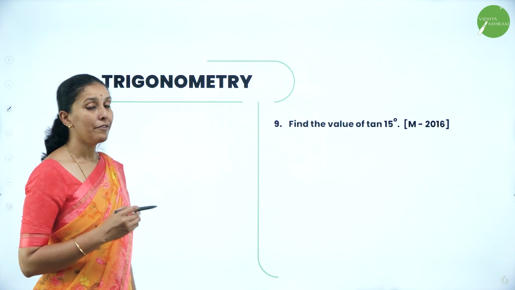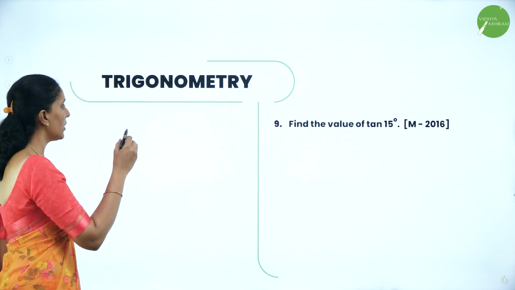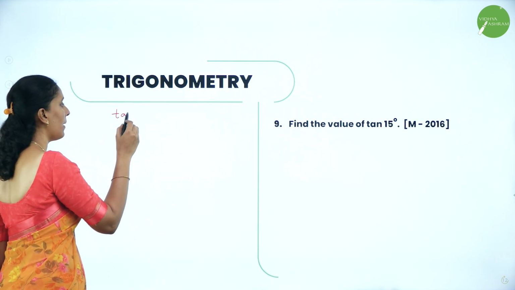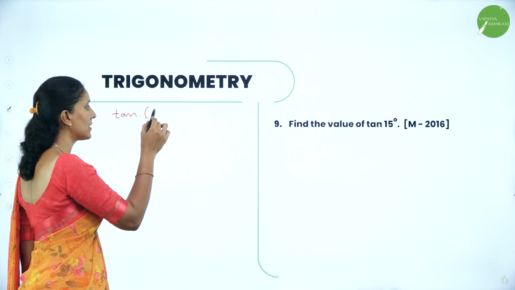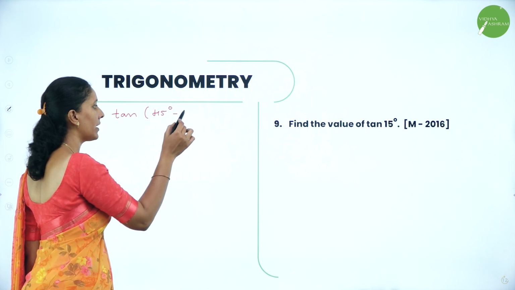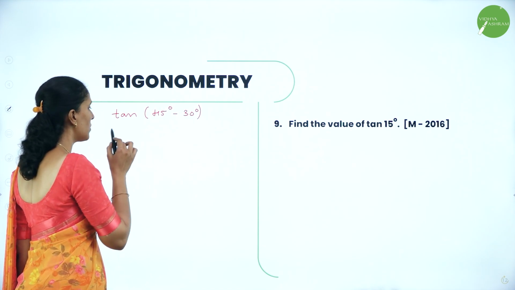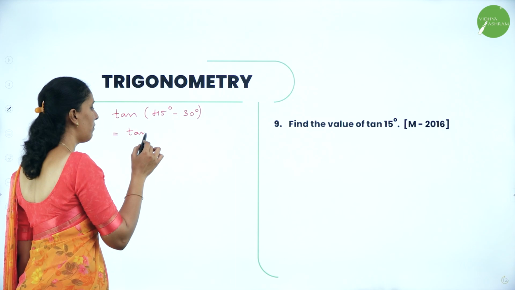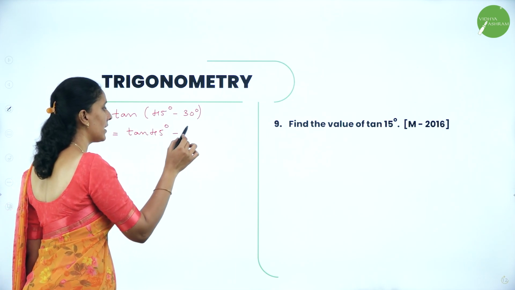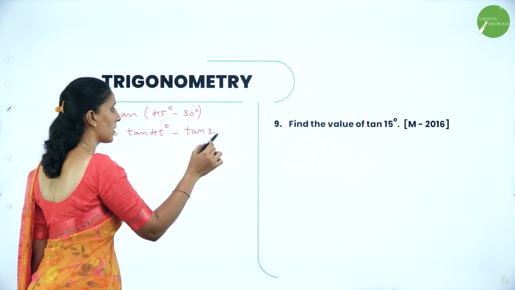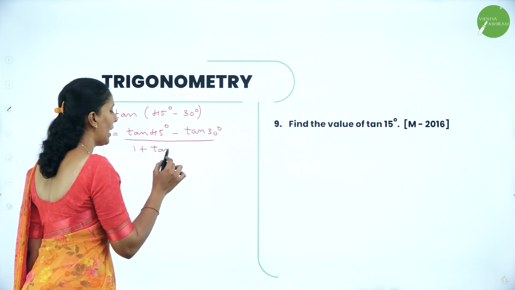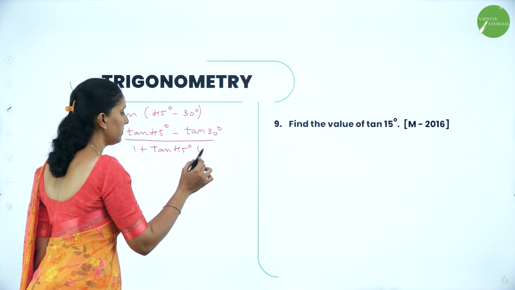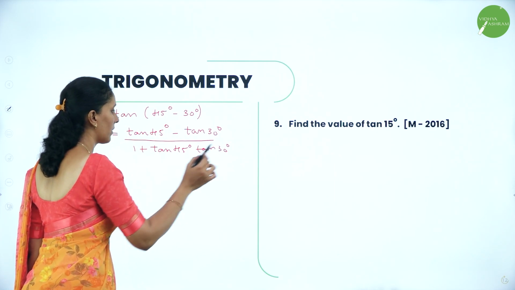Find the value of tan 15 degree. So use tan A plus B or tan A minus B. Tan 15 can be written as tan 45 degree minus 30 degree. So this can be written as tan 45 minus tan 30 divided by 1 plus tan 45 tan 30 degree.